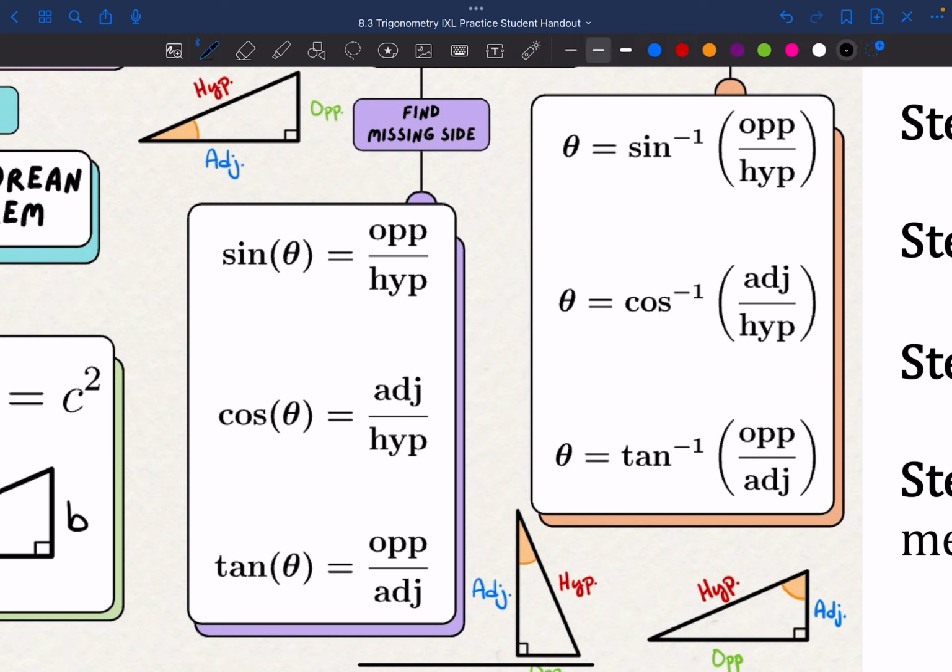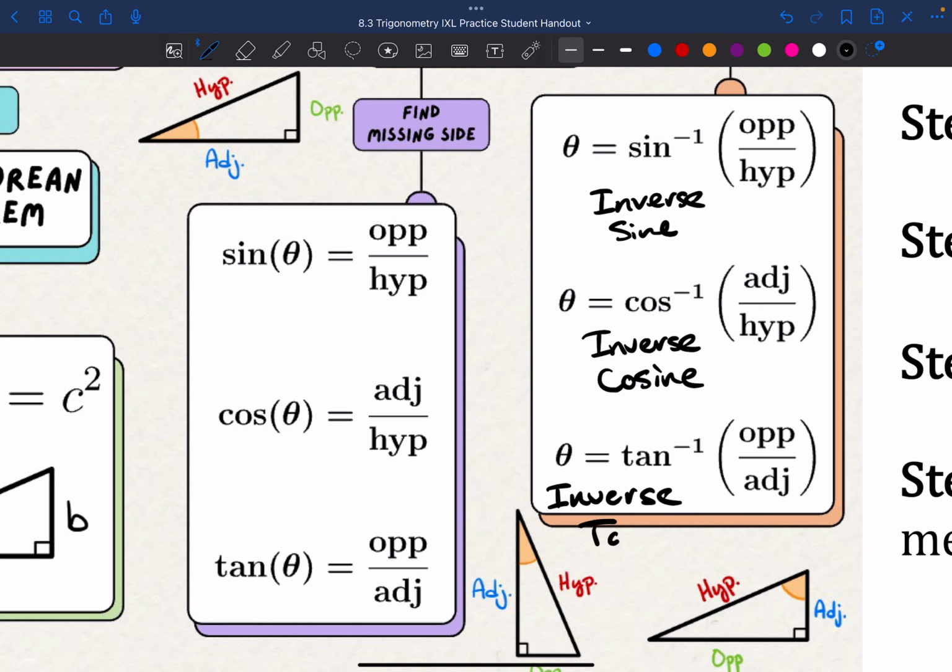The way that you would read these would be inverse sine. This would be inverse cosine. Really not too crazy with the names. And this would be inverse tangent.